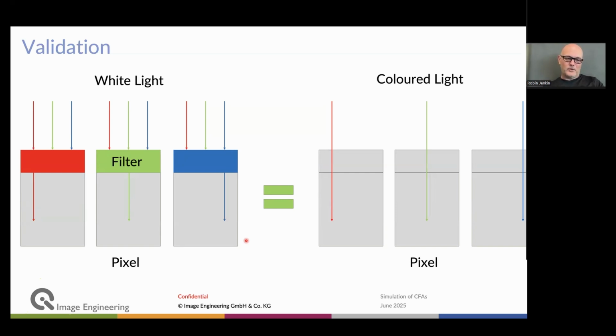So if we could, instead of using a red filter, just color the light red and capture it using a monochrome pixel, then it would be exactly the same as having white light, having a red filter and capturing the red light. We wouldn't be able to spot the difference.